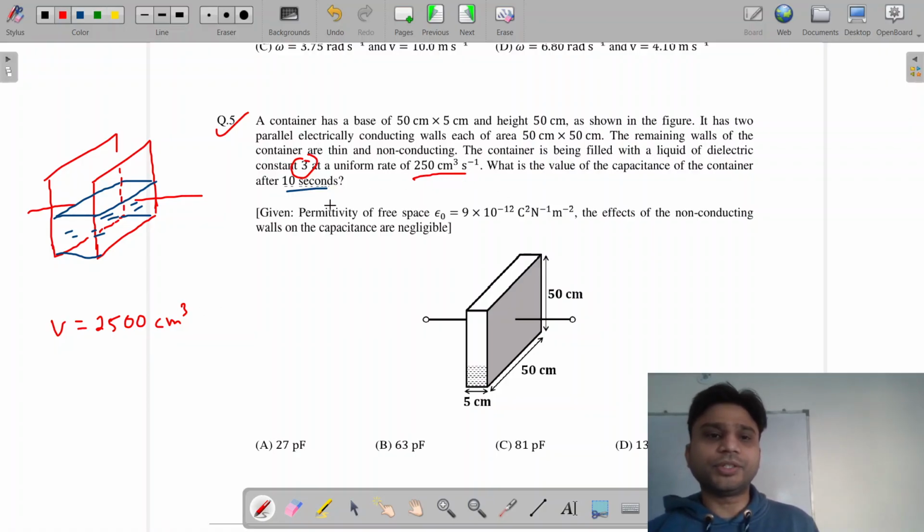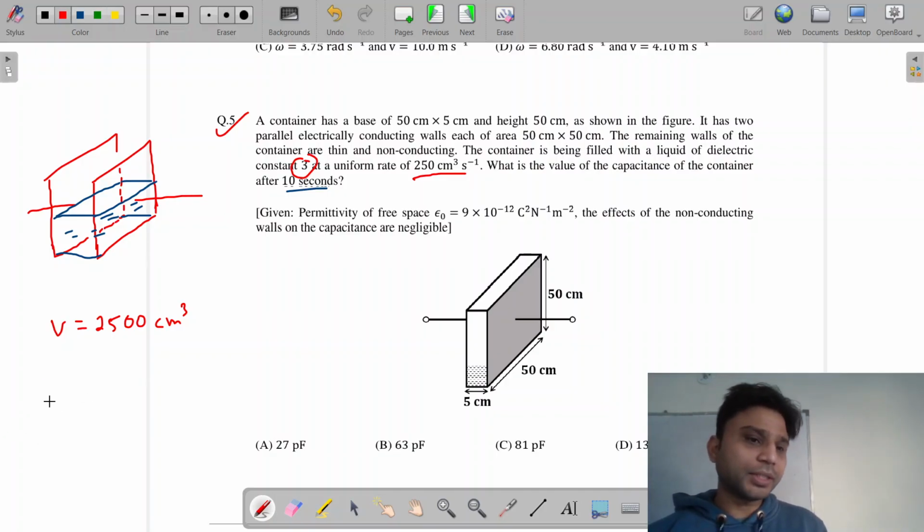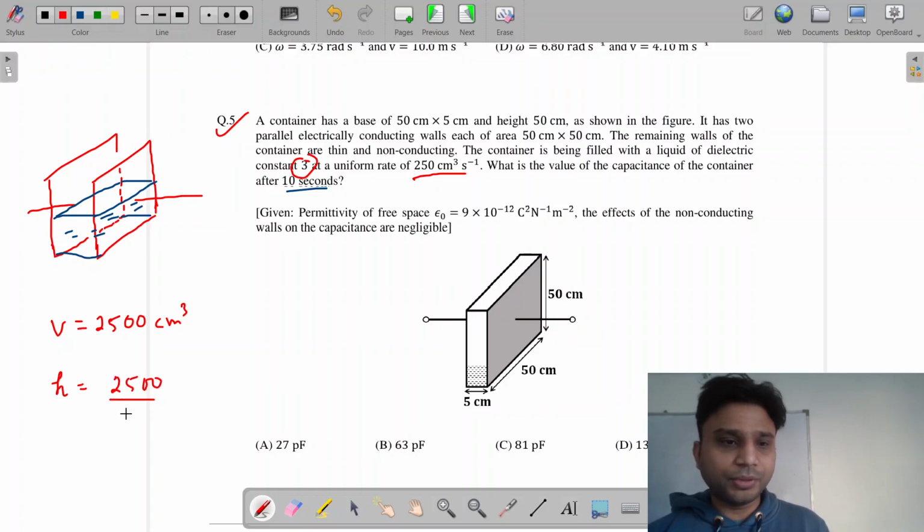Because 250 into 10 is 2500. From this we can find the height through which the fluid has risen, that is h. So this h height is equal to 2500 divided by 250 centimeters. So this is 10 centimeter.